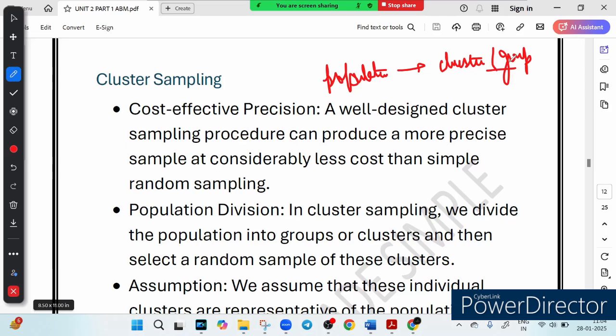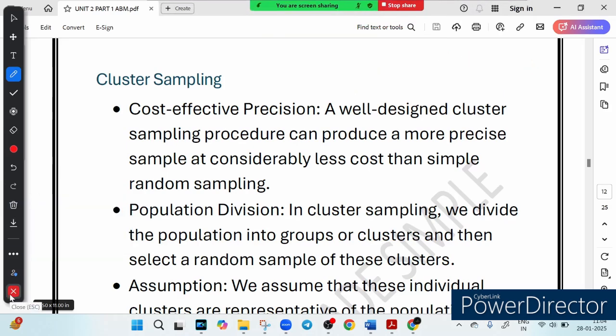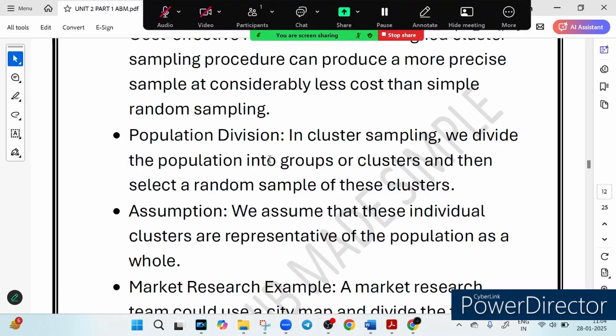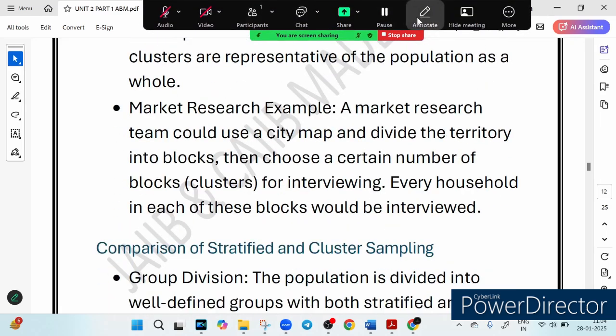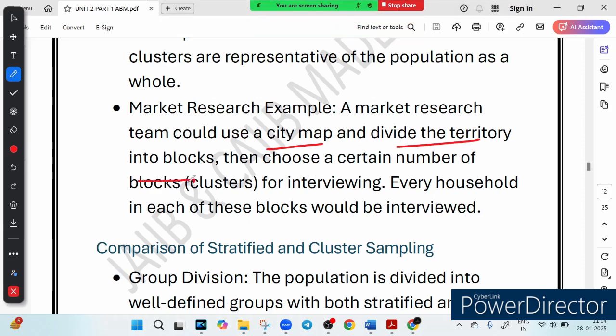For example, a market research team could look at a city map divided into neighborhoods or blocks. Suppose a market research team uses a city map and divides the territory into neighborhoods or blocks, and randomly picks a few blocks.